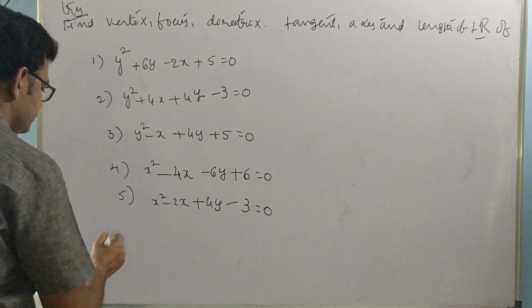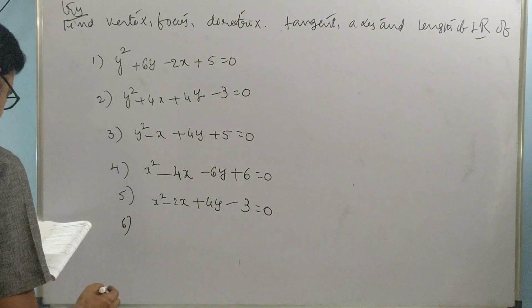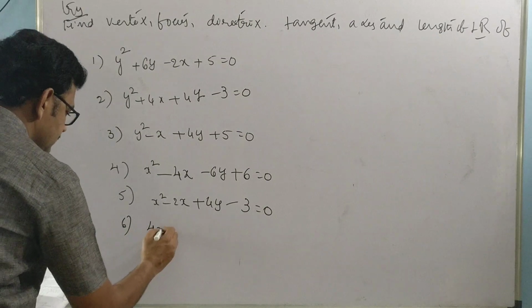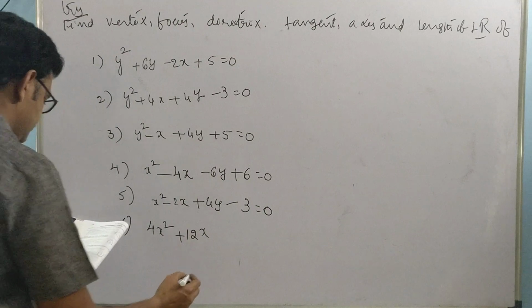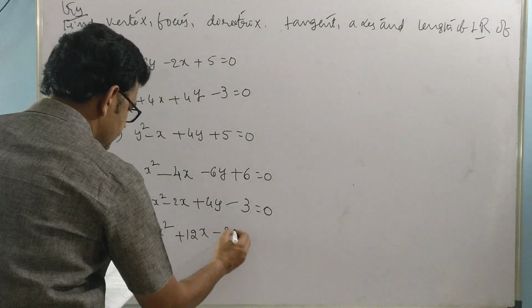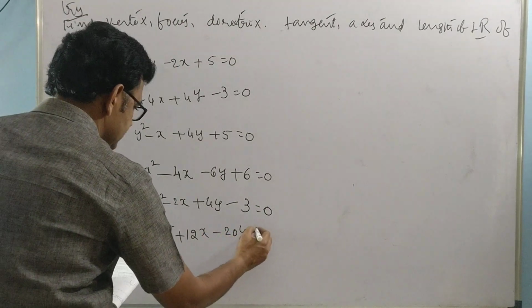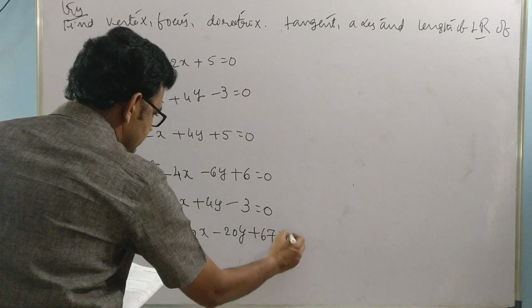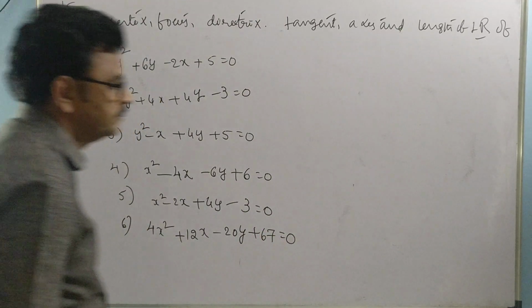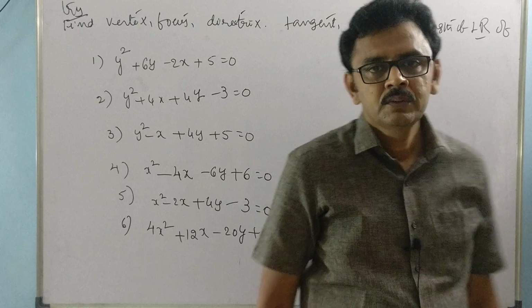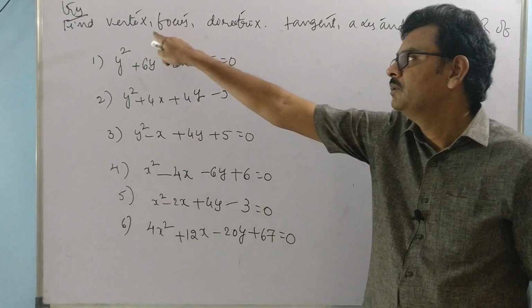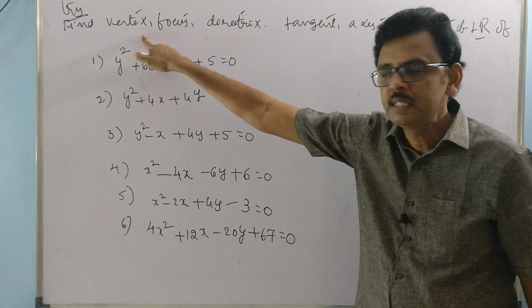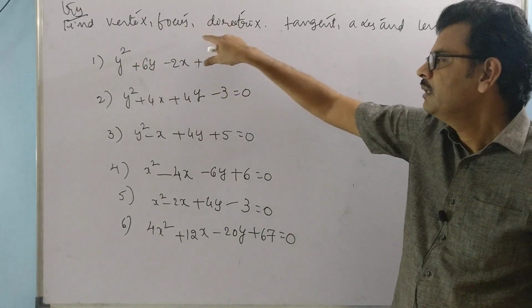And one is 4x square plus 12x minus 20y plus 67 is equal to 0. So you need practice for all these things. You have to find vertex, focus, all these things.